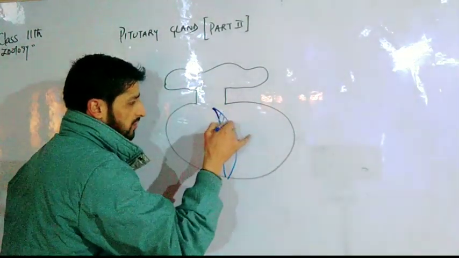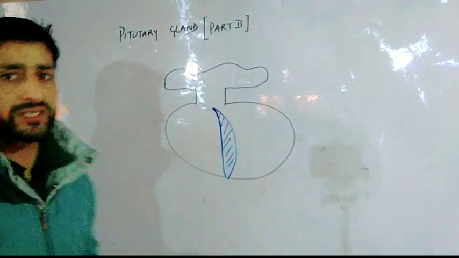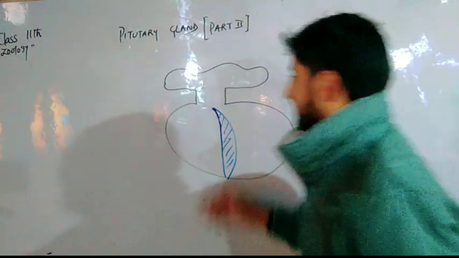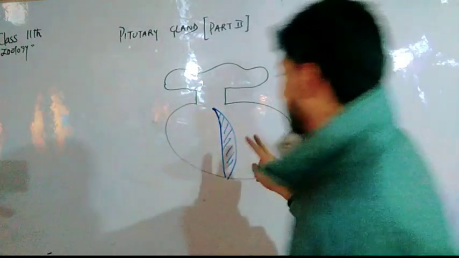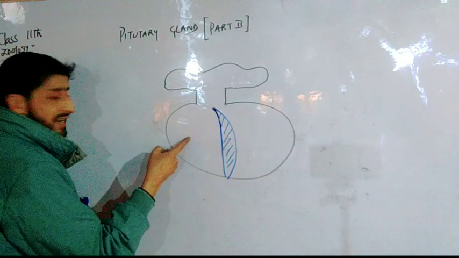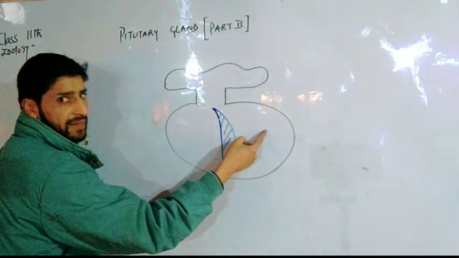The first part you call the anterior pituitary or the adenohypophysis, and the second part you call the posterior pituitary or neurohypophysis. The whole pituitary gland is composed of pars distalis, pars intermedia and pars nervosa.